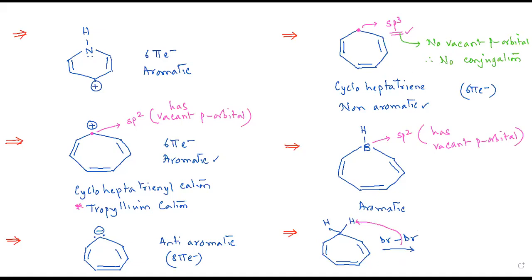So let us consider this way. H minus and Br minus goes up. That is how you can generate a positive charge. So H minus is what is actually going out now.